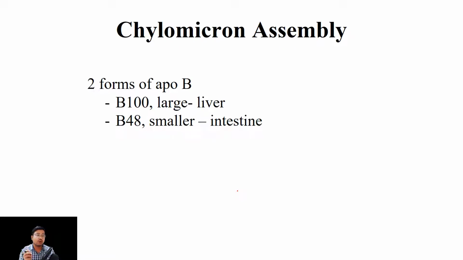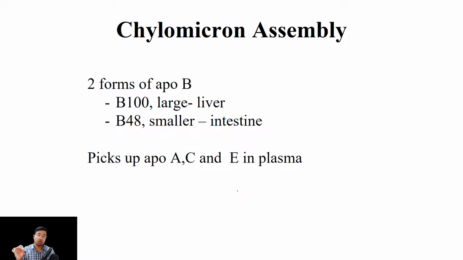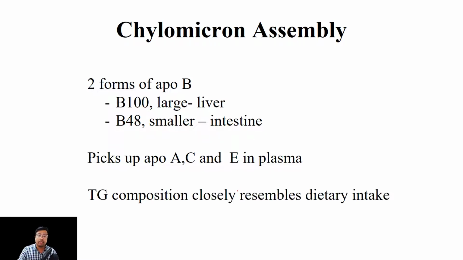The B48, the smaller one, is attached to chylomicron because chylomicrons are produced in the intestine, and the B100 is attached to VLDL and all other lipoproteins that are produced in the liver. Okay, so to start with, chylomicrons are attached to apolipoprotein B48, and gradually in their course they are picking up ApoA, ApoC and ApoE while circulating in the plasma.